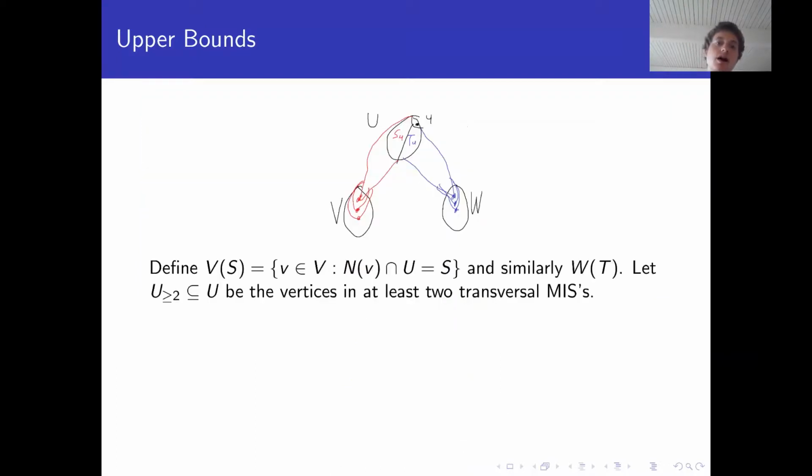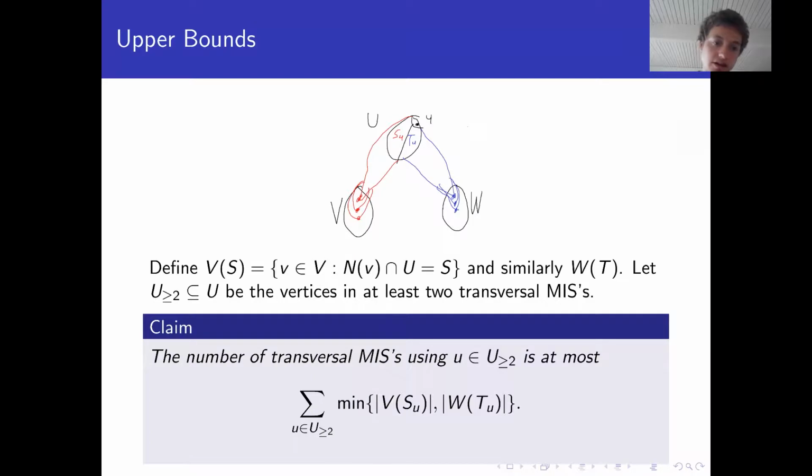Okay, so with this in mind, let's go through a bit more of the details. For any set S, we'll let V(S) denote the set of vertices v in capital V whose neighborhood in U is exactly the set S, and similarly define W(T). And we'll let U_{≥2} be the set of vertices which are in at least 2 transversal MISs.